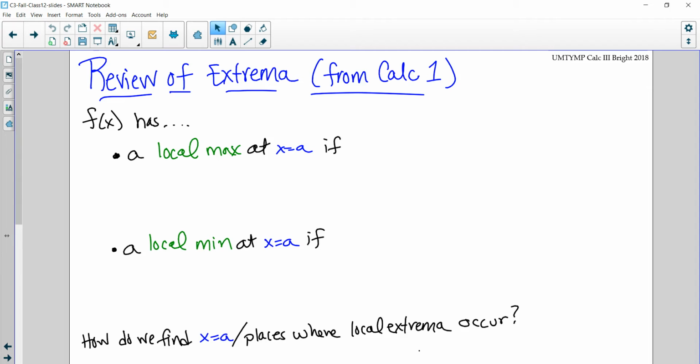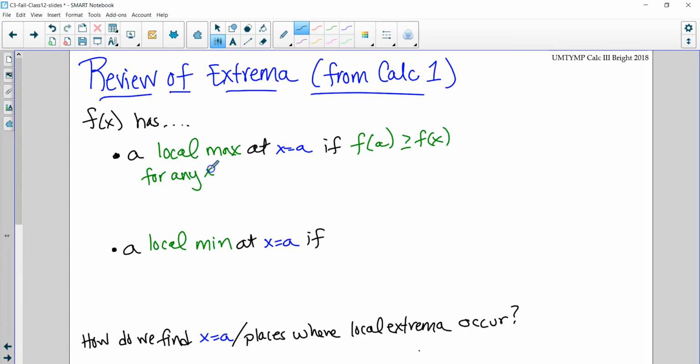And we talk about a function having a local max at a certain point if at that point we have the function value at a being greater than or actually equal to f of x for any other x, I'll say for any x near a.